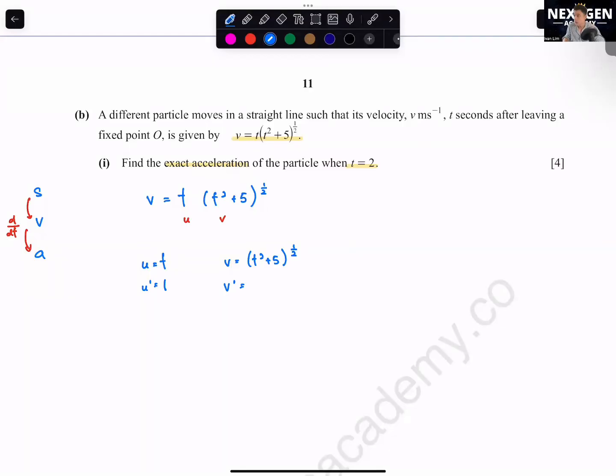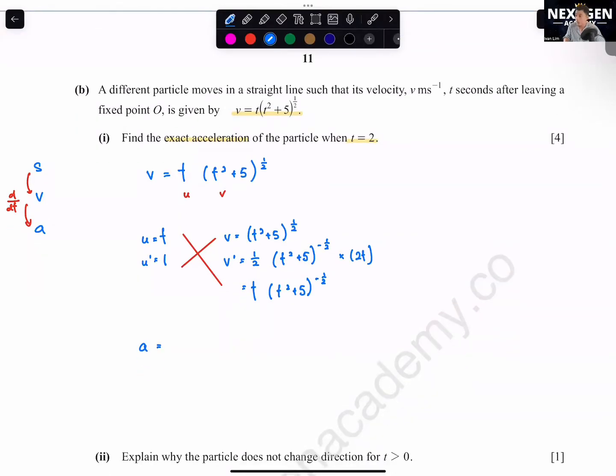So we will get here 1 over 2 t squared plus 5 negative 1 over 2 multiplied by 2t. Okay, simplify this, you'll get t times t squared plus 5 power negative 1 over 2. Okay, cross this. Not chain rule, product rule.